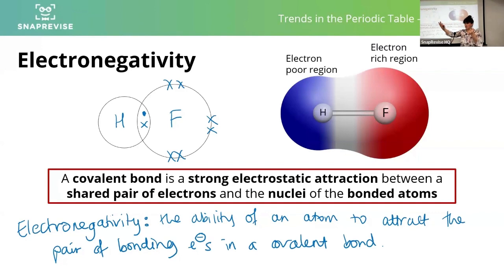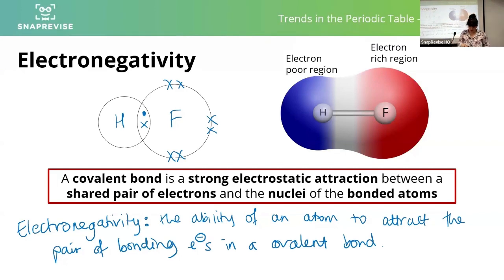It no longer has control of its electron, and so becomes delta positive, partially positively charged. That means it is an electron-poor region. Fluorine has therefore got an extra electron spending more time around it than it has protons, and therefore fluorine becomes an electron-rich region, or delta negative.